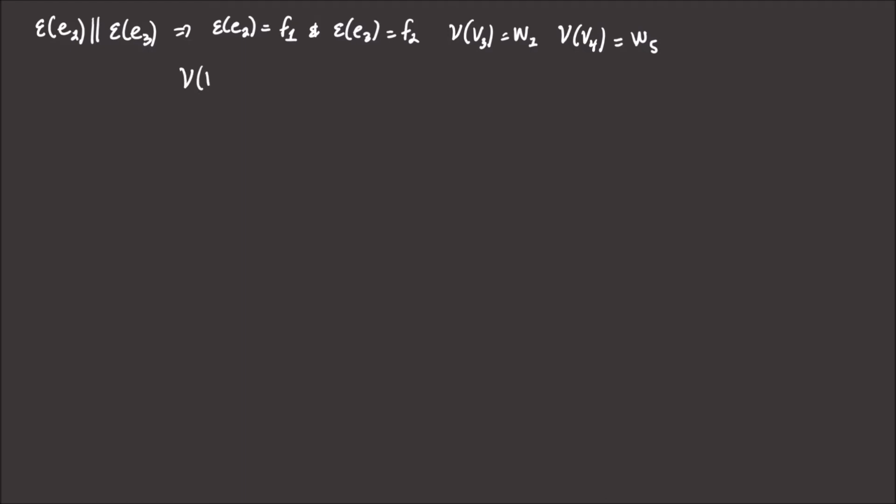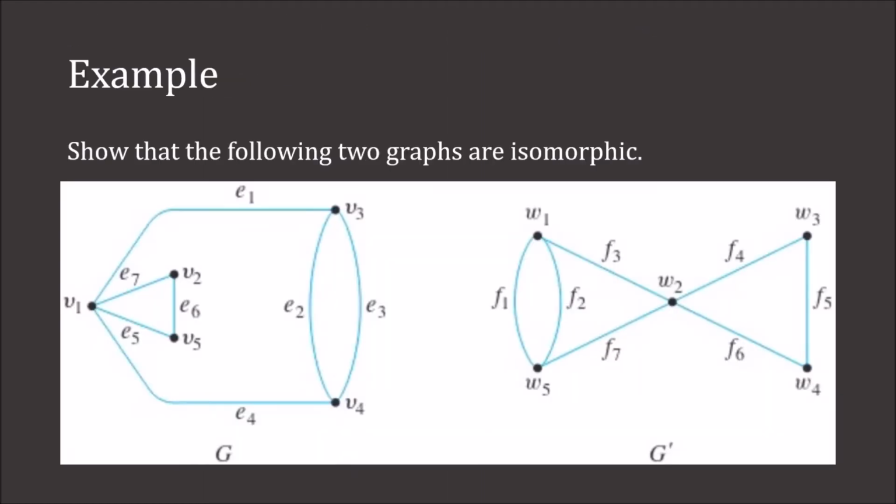So nu of V1 must be W2. And of course, all the edges must correspond. So E1 we can say is F3. E4 we can say is F4. E5 we can say is F6. And E7 we can say is F7.